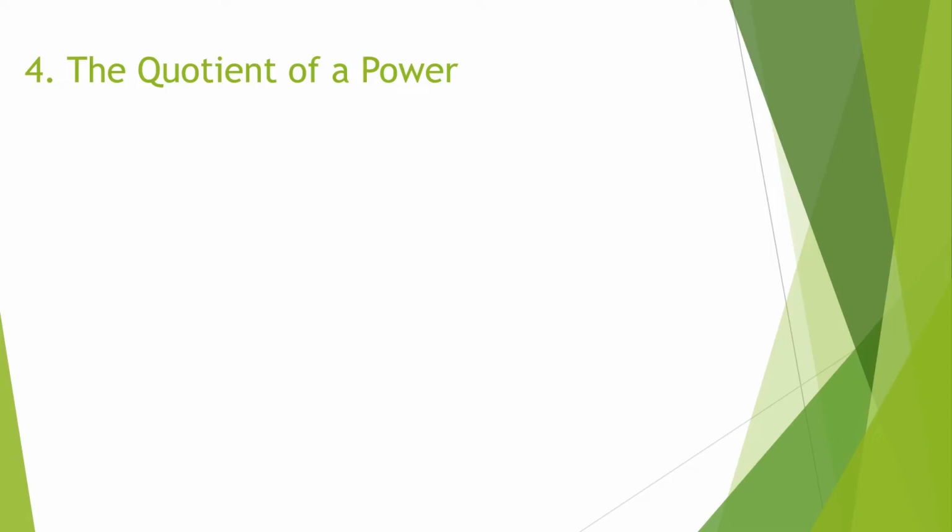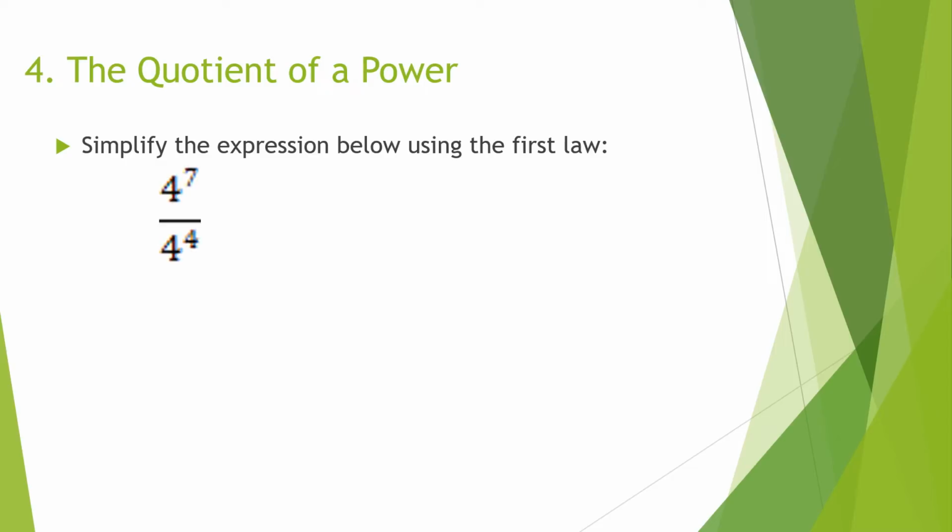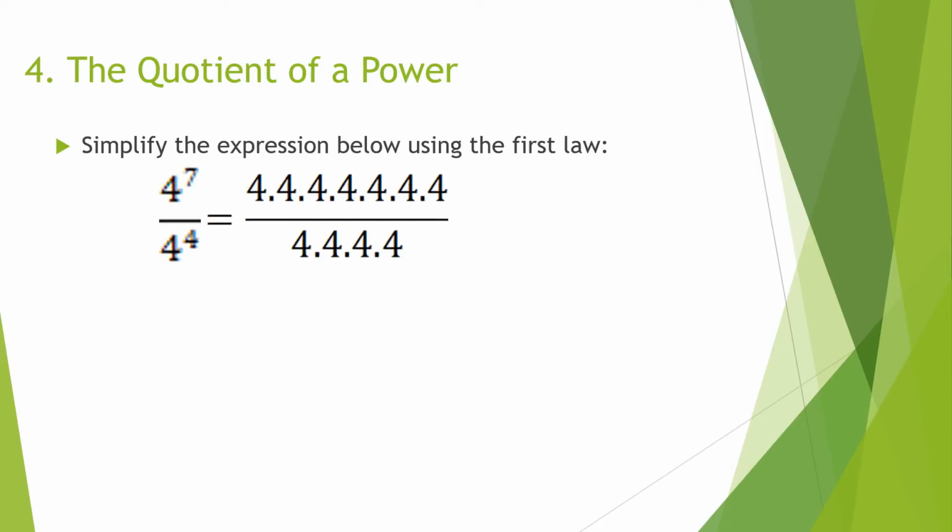For number 4, we have the quotient of a power. So let us simplify the expression below using the first law. What again was our first law? That's right, the power rule. To simplify this, we have to expand. 4 raised to 7 can be written as 4 times 4 times 4 times 4 times 4 times 4 times 4, and 4 raised to 4 can be written as this.